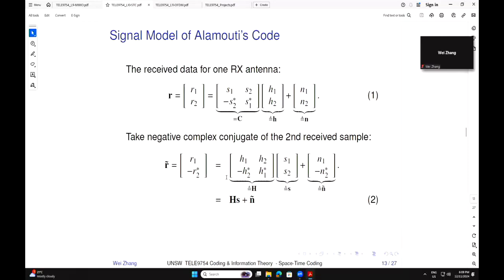After some manipulation of the signals, especially for the second received signal R2, we take the negative and then the conjugate so that we can swap the channel matrix with the signal matrix, so we get this equivalent equation 2.